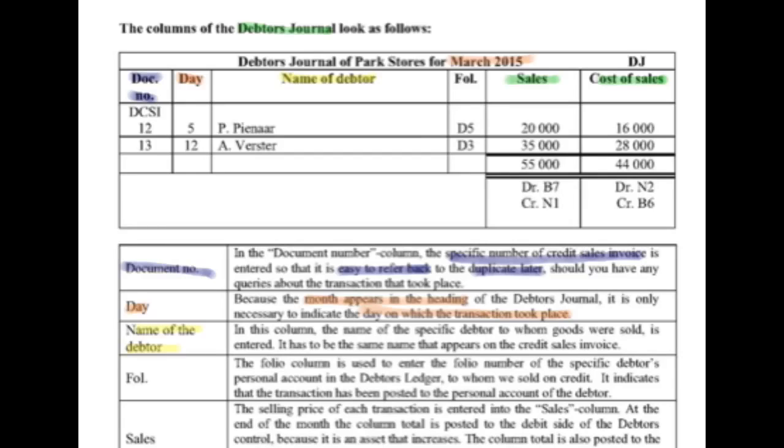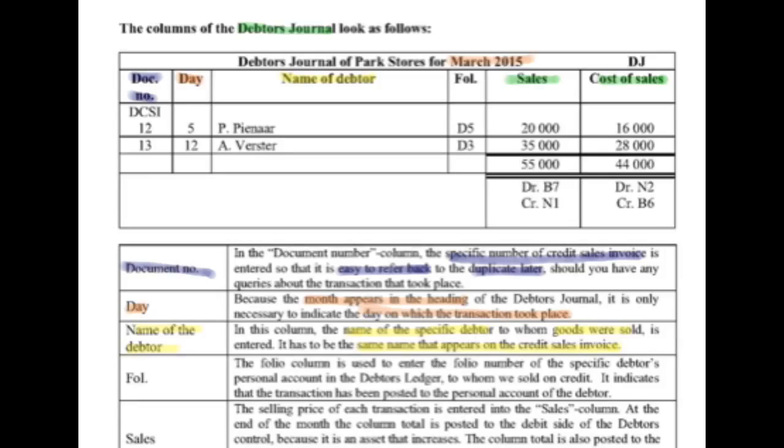In this column the name of the specific debtor to whom the goods were sold is entered. It has to be the same name that appears in the credit sales invoice. It also has to be the same name that will appear in the debtor's ledger so that we can link up the journal entry with the correct individual account in the debtor's ledger.